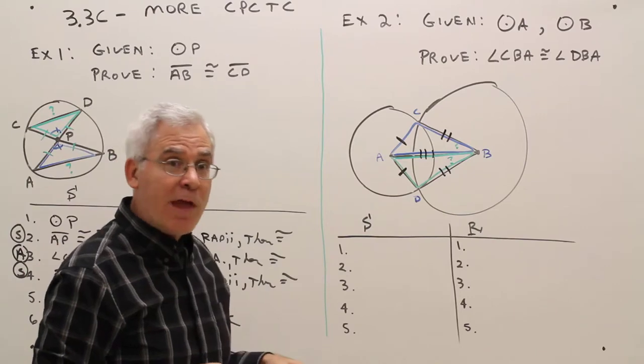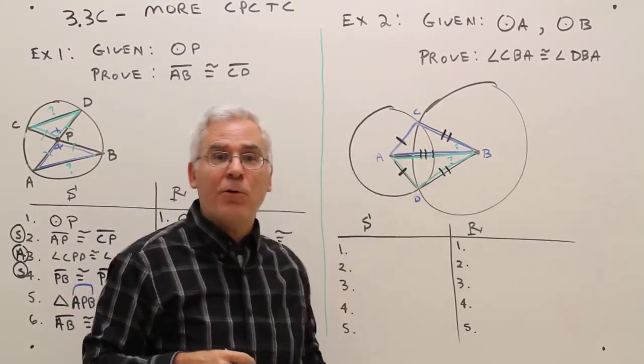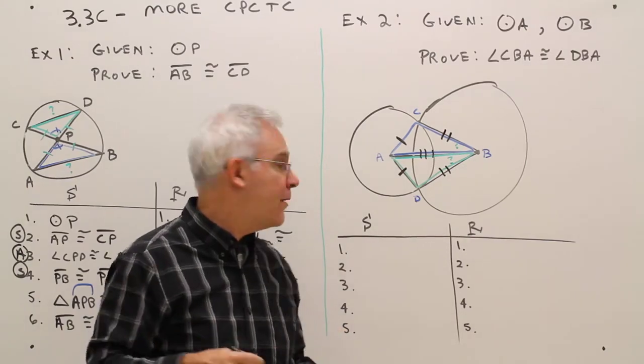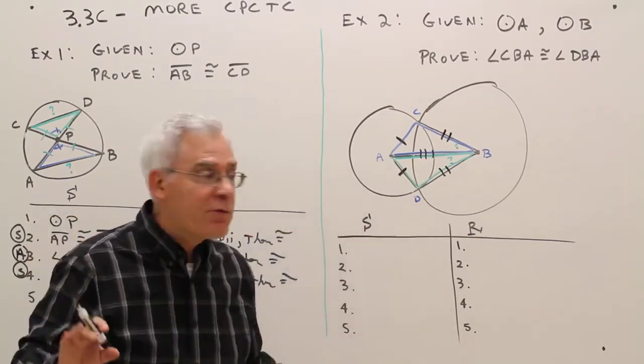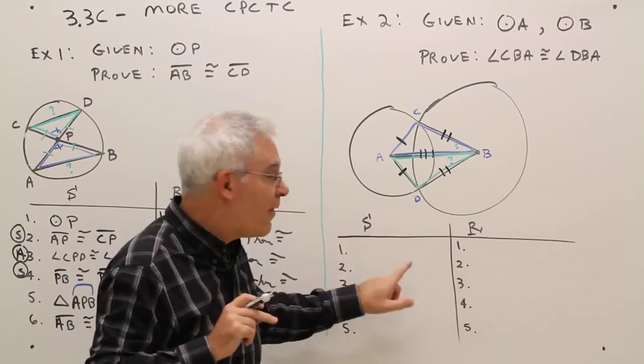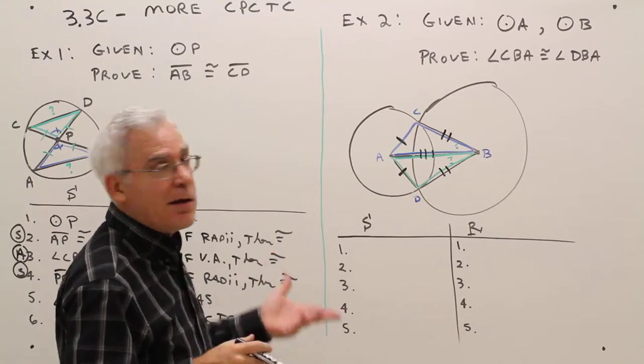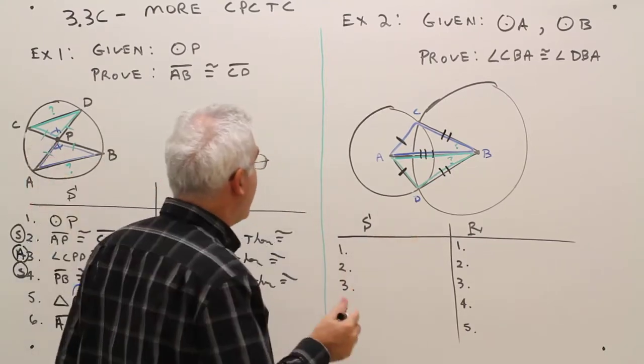The triangles will then be congruent by SSS, and the parts will be congruent by CPCTC. Do that first, then write down your proof. Do the thinking, then do the writing. Game over.